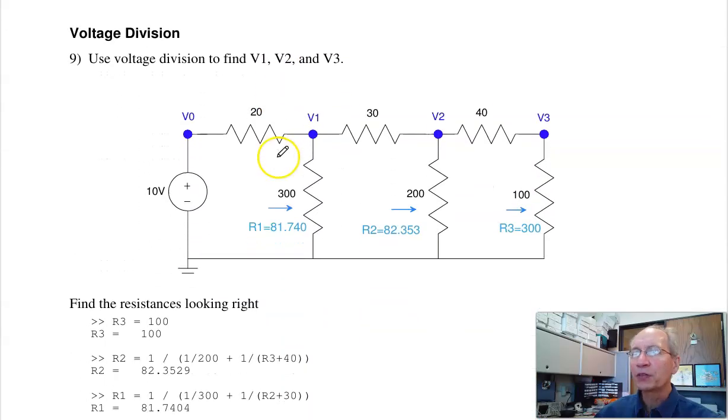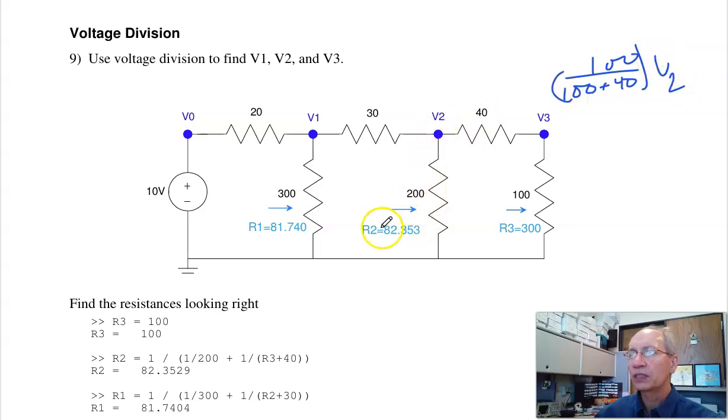Last problem is voltage division. If I build this circuit, I'm going to get a voltage at V1, V2, V3. One way to find them is voltage division. With voltage division, V3 is 100, what I'm measuring, over the total, 100 plus 40, that percentage of V2.